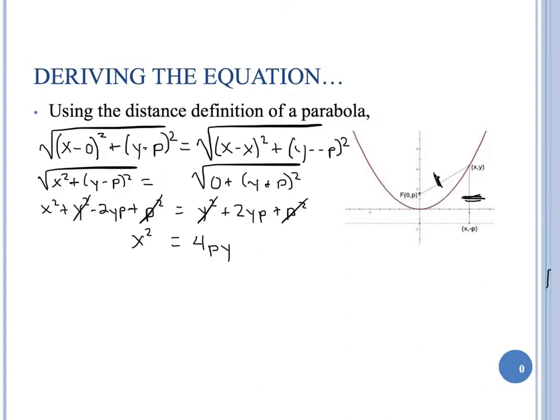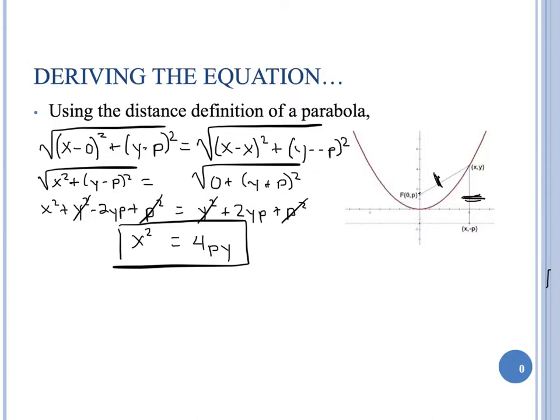So now I have an equation of a parabola. I have x squared equals something in front of a y. So this 4p that is in our equation is going to play a role in this location of our focus.